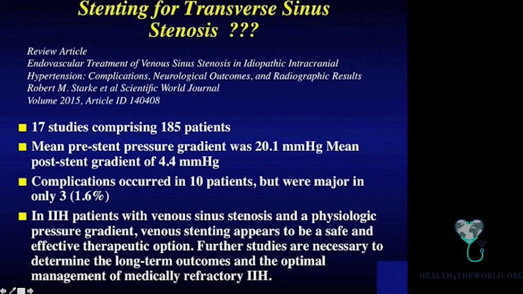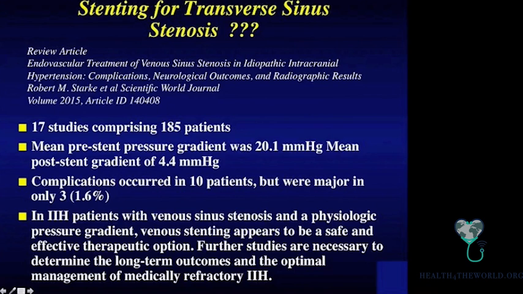There's a number of studies that are now out there. Here's one that is from 2015, as sort of a meta-analysis, a review article looking at 185 patients in 17 studies. They found that the mean pre-stent pressure gradient over that stenosis was 20 millimeters of mercury, and then after stenting it dropped to 4.